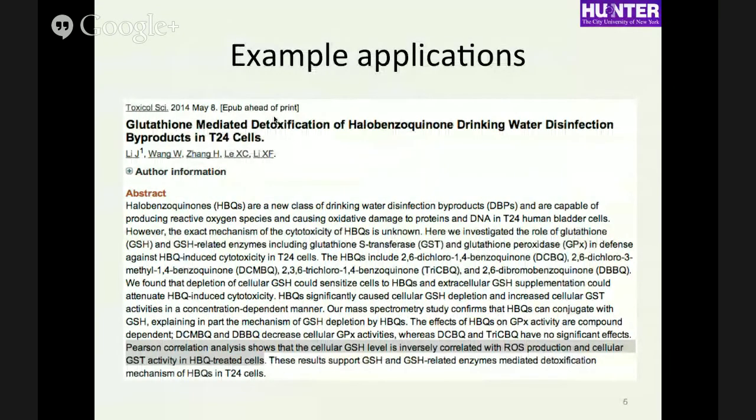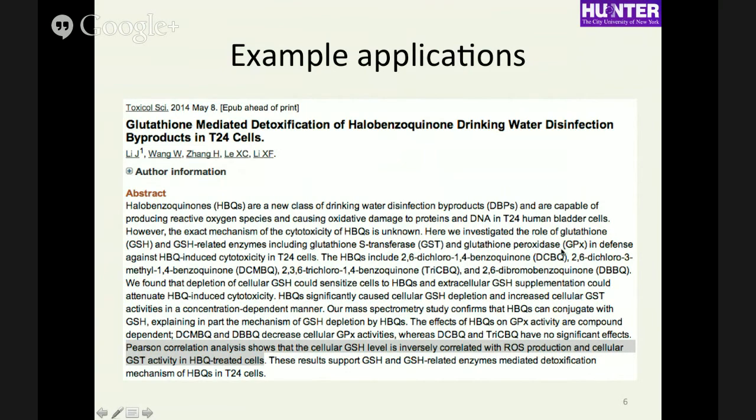Let's start with some examples. I went to PubMed and looked up Pearson correlation and just saw what came up. Here's one example with some big words. I don't know exactly what they mean, but they're talking about some chemical used to disinfect drinking water and the effect of its byproducts on T24 cells.